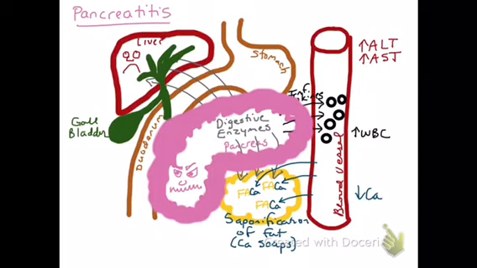So we look for evidence of cholestasis on our chemistry. So that is an increase in ALP, GGT, bilirubin, cholesterol, and bile acids. All of those can increase because of cholestasis.